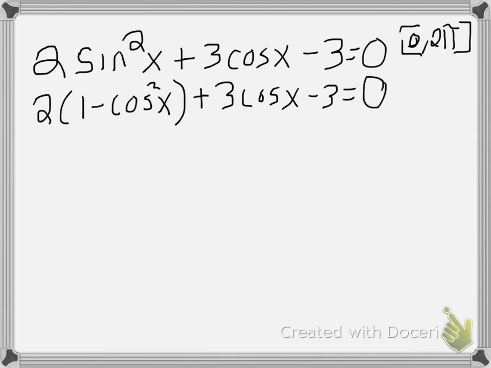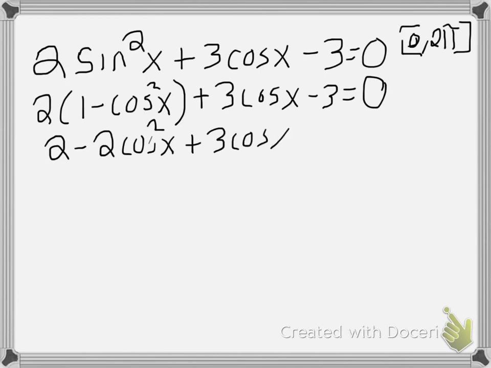Let's do some multiplying and simplifying before we try to actually factor. So we've got 2 minus 2 cosine squared of x plus 3 cosine of x minus 3 equals 0.